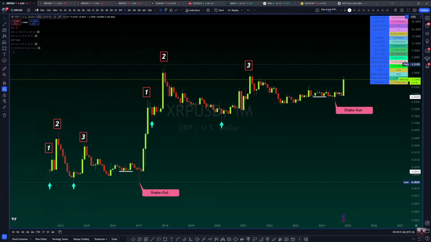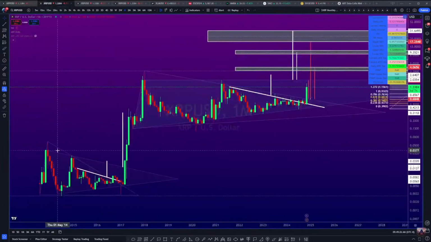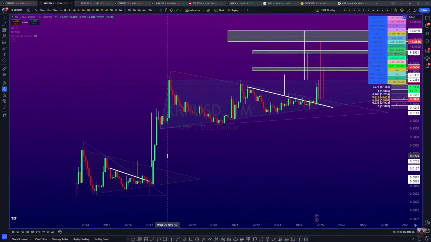So in a triangle formation, triangles don't respect the golden rule of 3. In fact, they respect it a little more than normal. It's not a 3 test of resistance. It's actually a 3 test and breakout, which leads to the next thread. Both of these iterations are bullish buy formation breakouts, but they're not just buy formation.